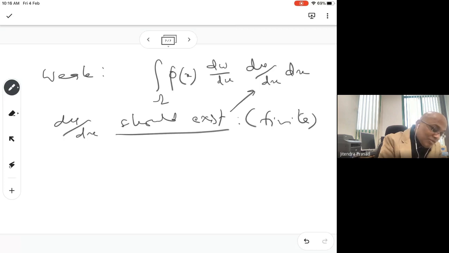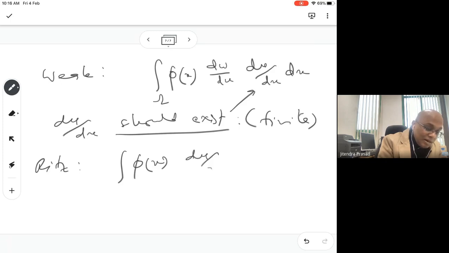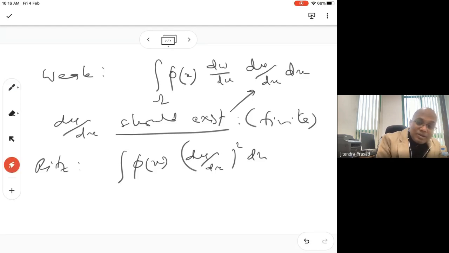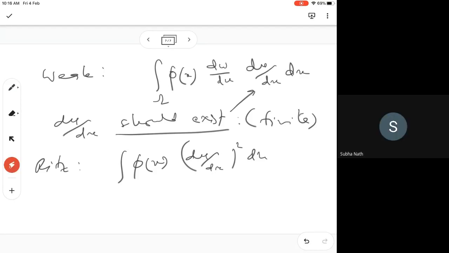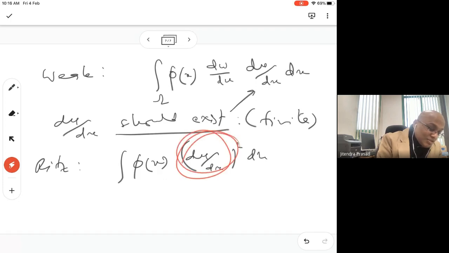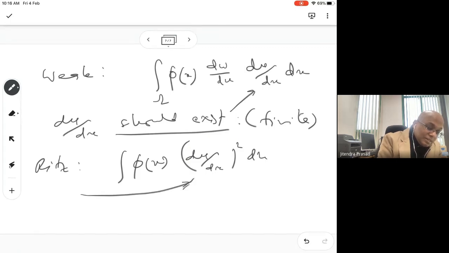If you look from the Ritz method, then also you have some phi of x, and then you have du over dx squared dx. Here also you see that this has to be finite. This also tells you that the derivative du over dx is square integrable.